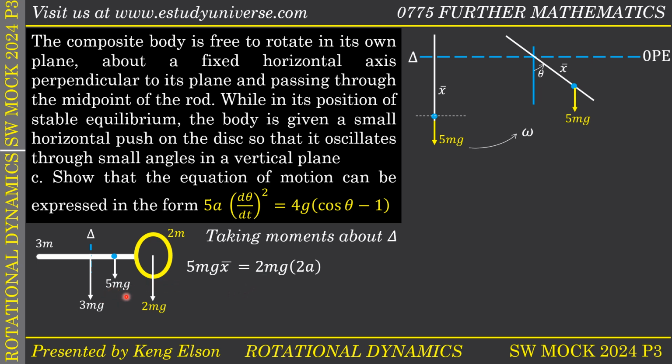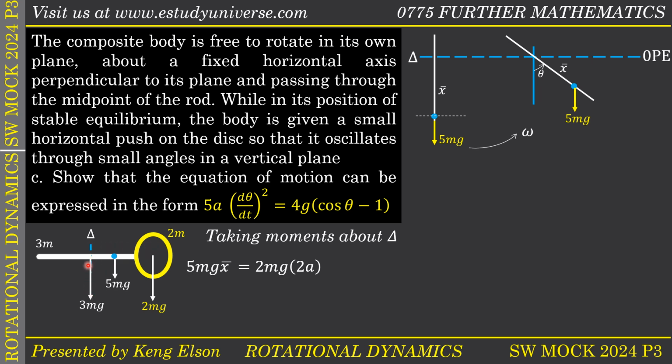Or in fact, we can just say that the moment of the whole body is equal to the sum of the moments of the individual bodies, about the given axis. So the moment of the whole body is just 5 mg times its perpendicular distance, which is x bar, and then for the individual bodies we have for the disc 2 mg times its own perpendicular distance, which was 2a.